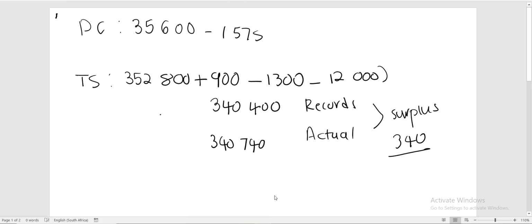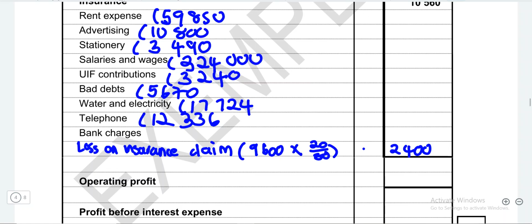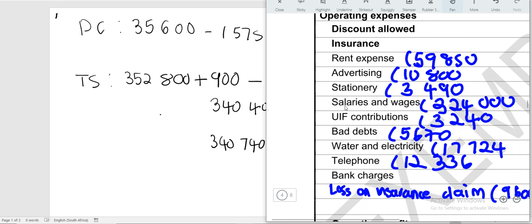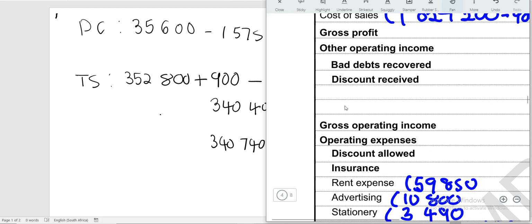So we're going to show this calculation here in the answer book. So I'm going to say trading stock surplus. Now remember, we said 352,800. We also said plus 900.